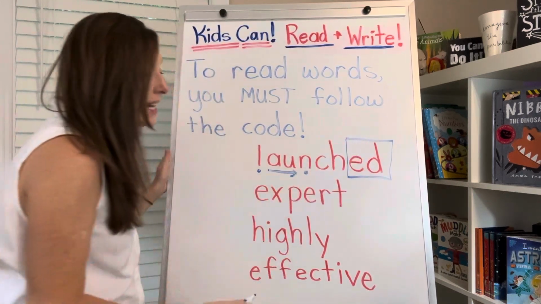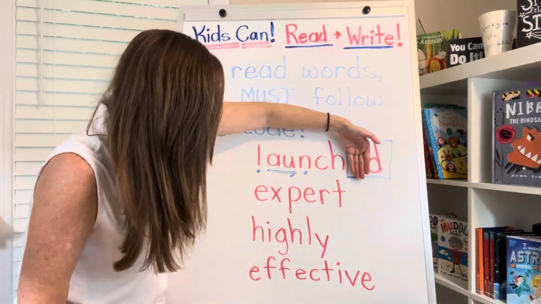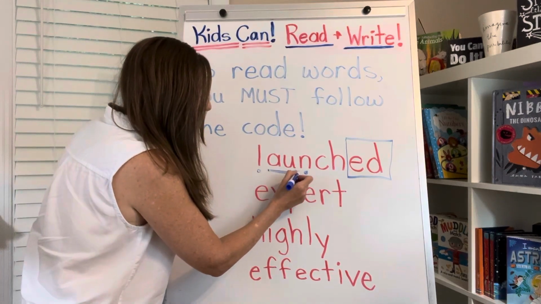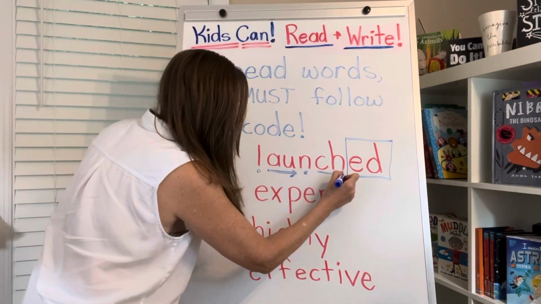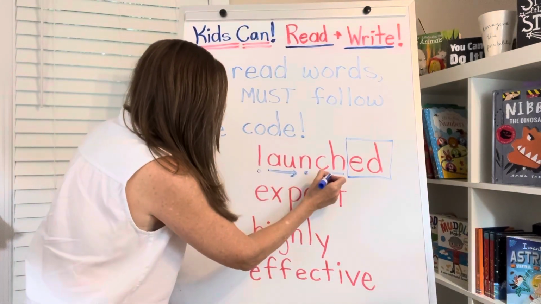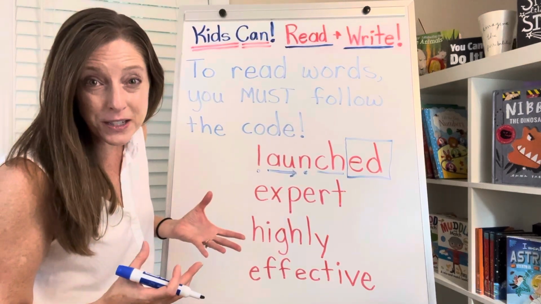We can take ED endings off, and you should see the root word before it. So in this case, we could read L, on, ch. Did you know that CH said ch? Launch. And then do you know what ED says after all those letters?